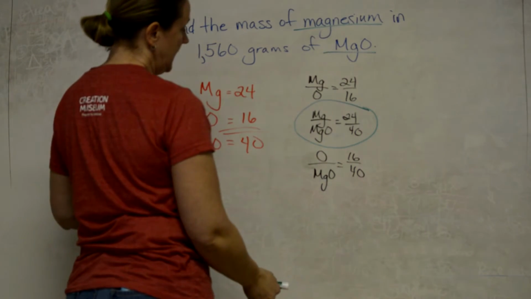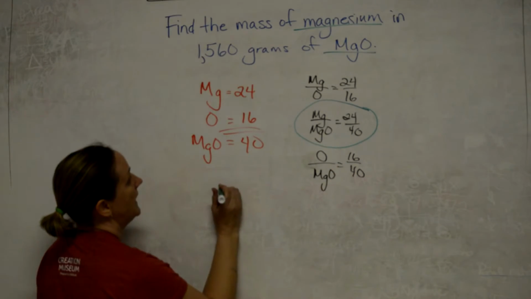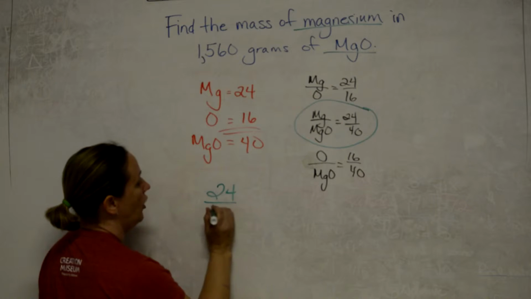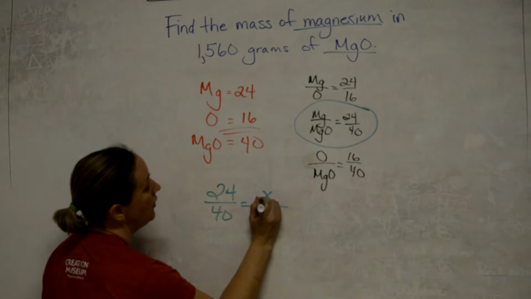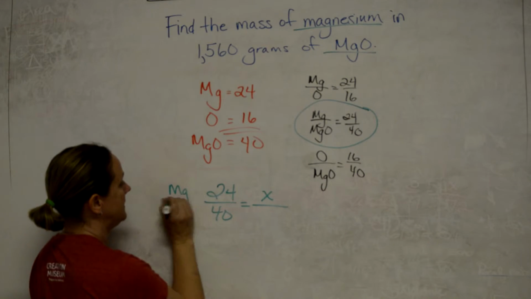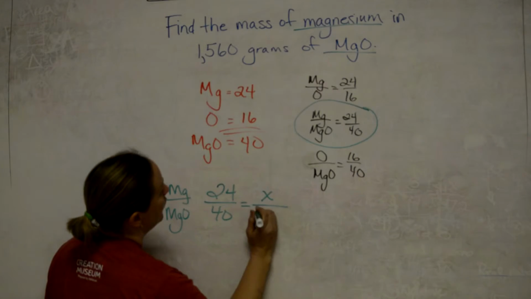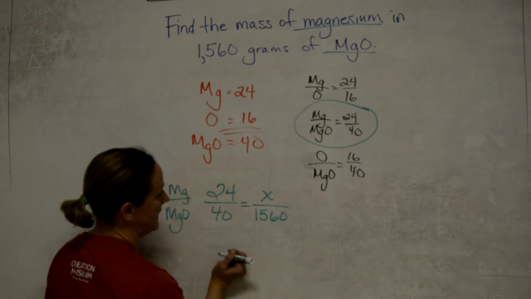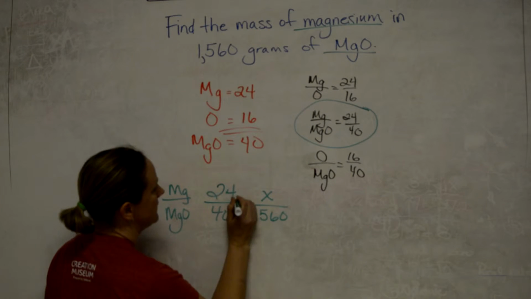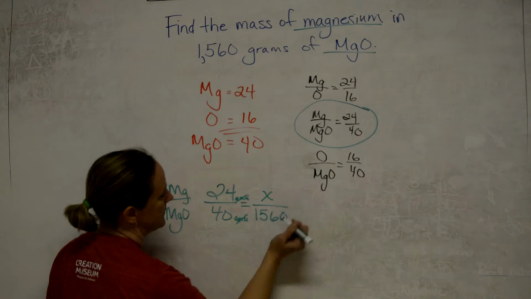I'm going to write it down here, and I've got 24 over 40 is equal to, I don't know how much, because remember this is magnesium over my compound, over 1,560 grams. This is atomic mass units, but those are going to cancel out. So I'm trying to find grams.